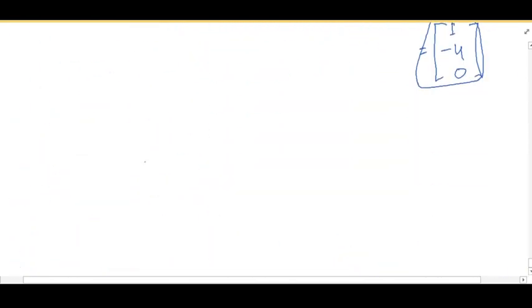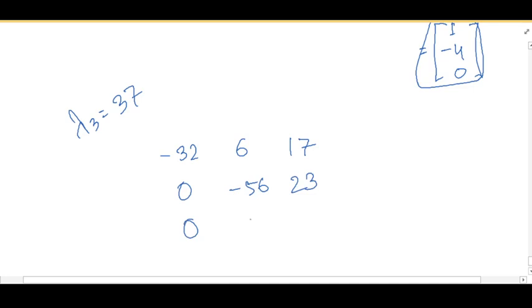If we use lambda equals 37, it will give us minus 32, 6, 17, 0, minus 56, 23, 0, 0, 0.